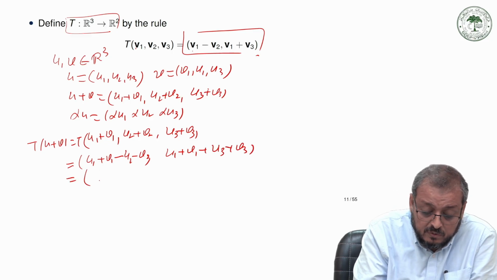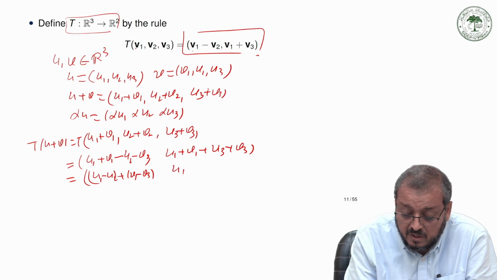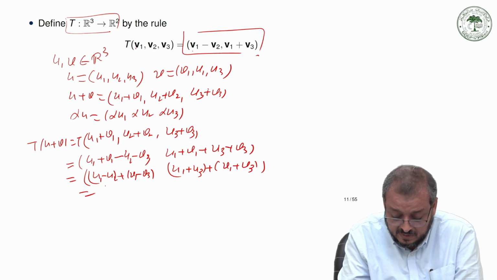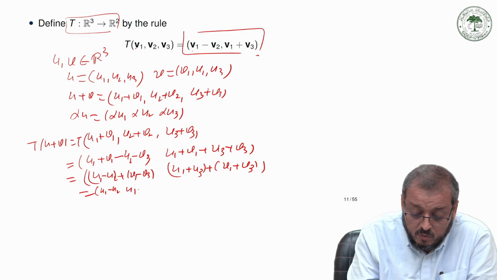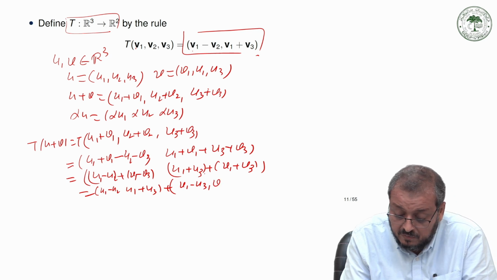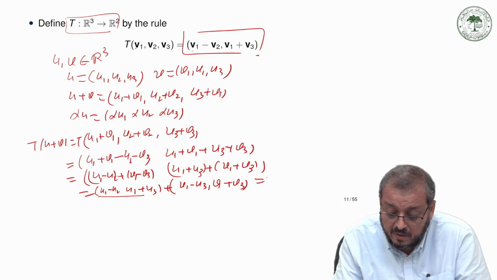We can combine this into (u1 minus u2 plus v1 minus v2, u1 plus u3 plus v1 plus v3), and this can be written as (u1 minus u2, u1 plus u3) plus (v1 minus v2, v1 plus v3).